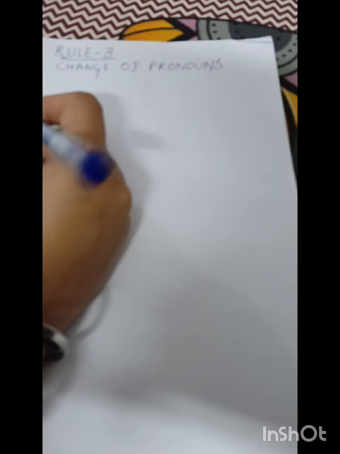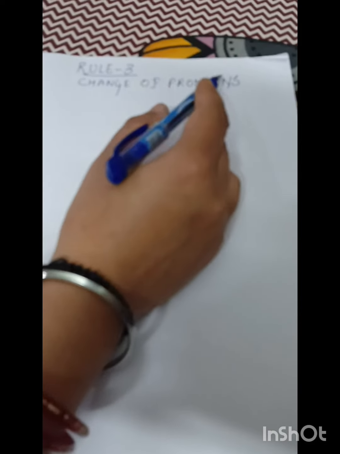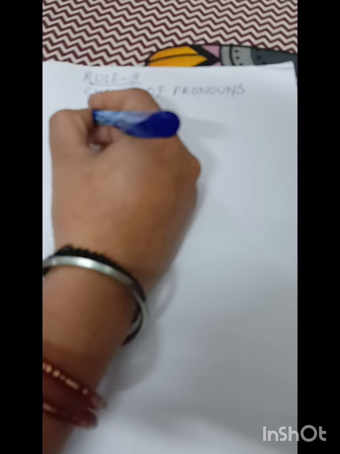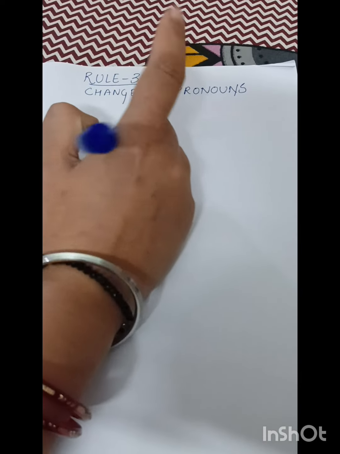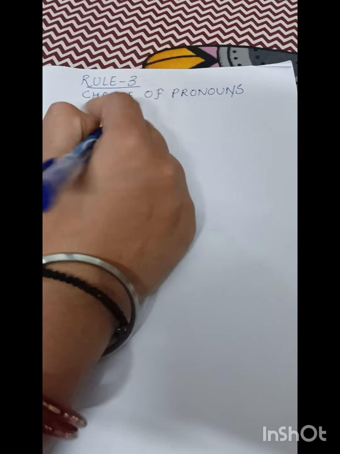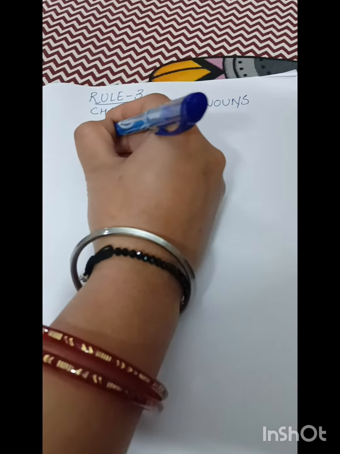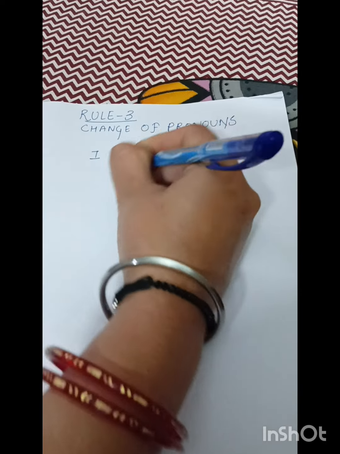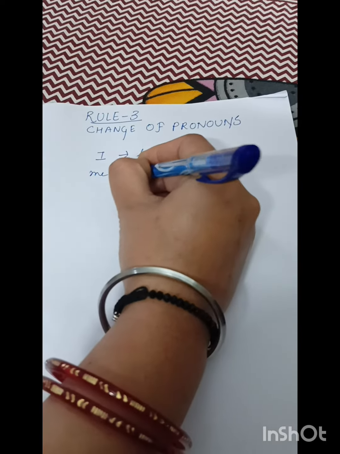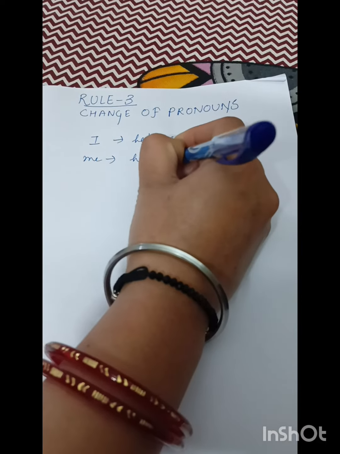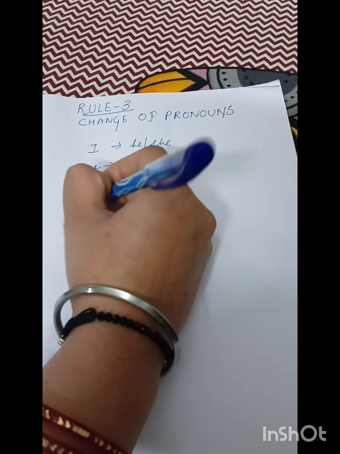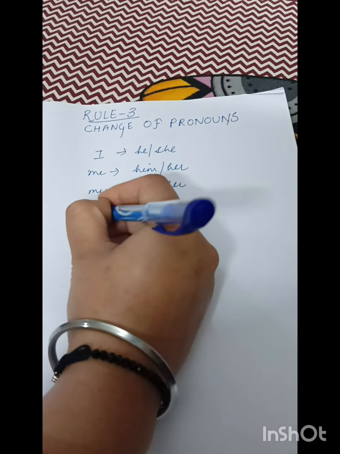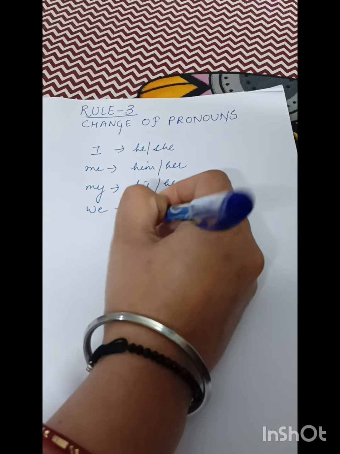Now let's proceed to rule 3, change of pronouns. So if I talk in simpler terms, you can learn the rules, but there is a trick also to do it. I will tell you the trick for that. If you want to learn: I gets changed into he, she. Me gets changed into him, her. My gets changed into his, her. We gets changed into they.